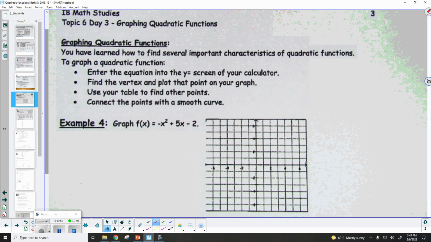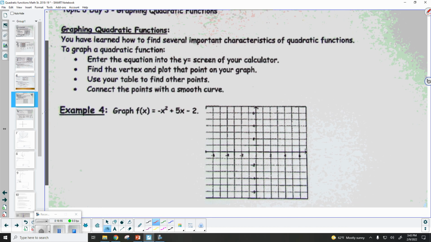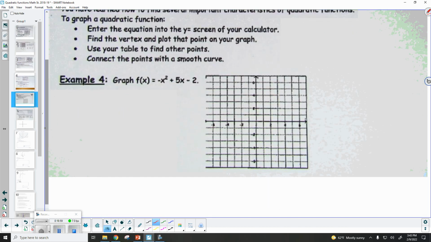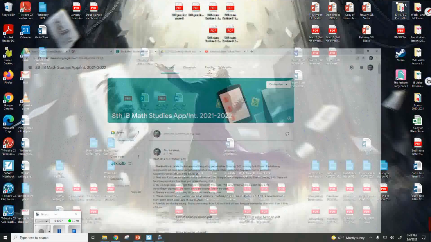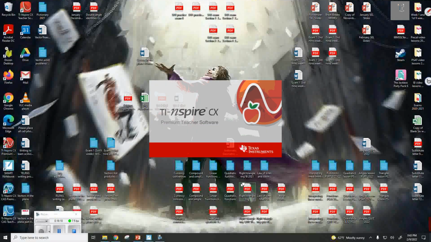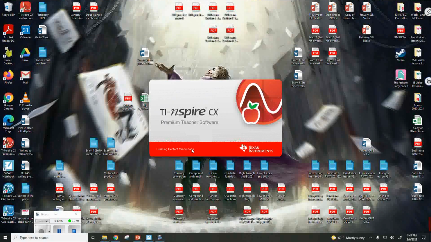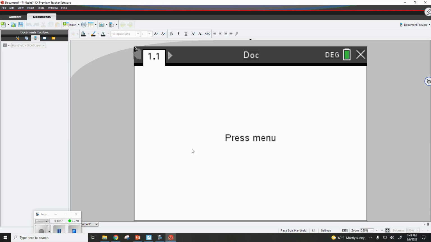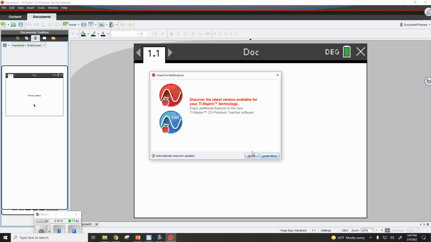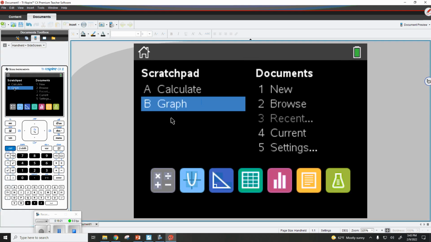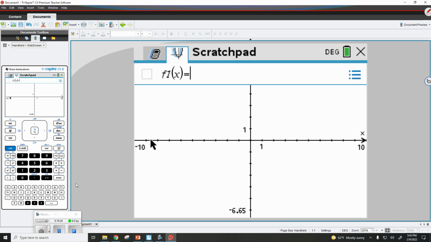Example 4, graph negative x squared plus 5x minus 2. Is this where you would normally pull out the calculator, sir, on the computer? Yeah, I've got the calculator. Let me shut it down. Remember, this is the program that doesn't work with this.